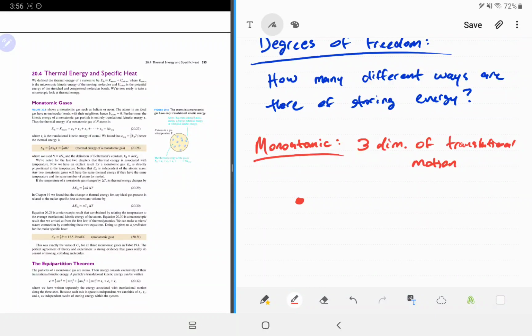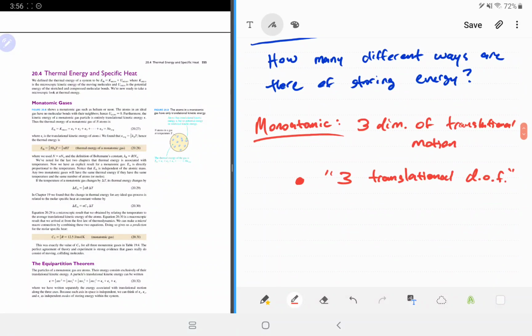Because this molecule can move in the x, y, and z directions totally separately, we say that it has 3 translational degrees of freedom. DOF for degrees of freedom.